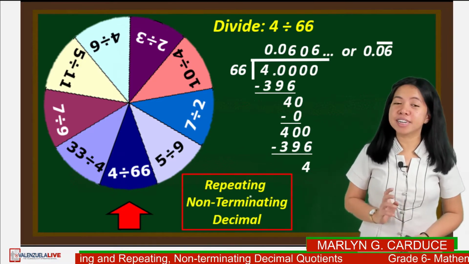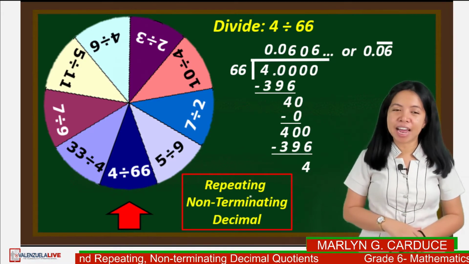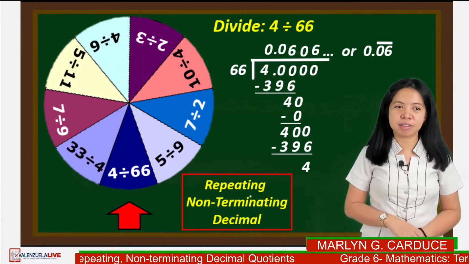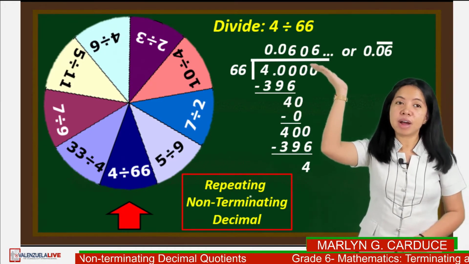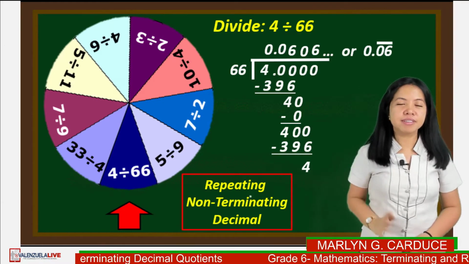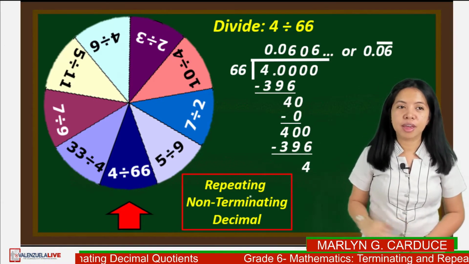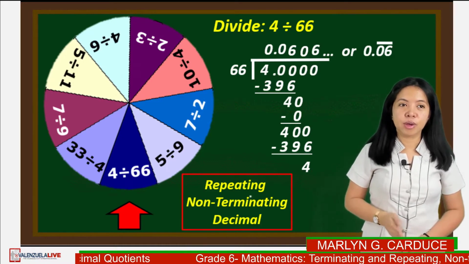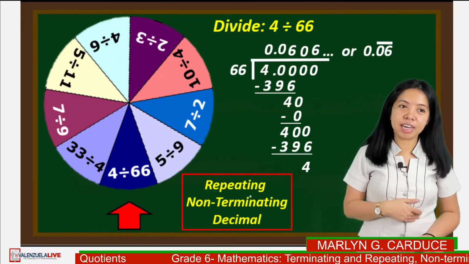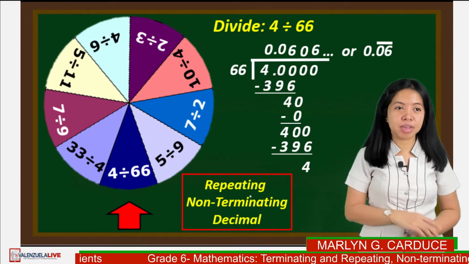Okay, so this is an example of a repeating non-terminating decimal. We can also write our quotient as 0.06 with a bar above 0 and 6, which means the two digits are being repeated.